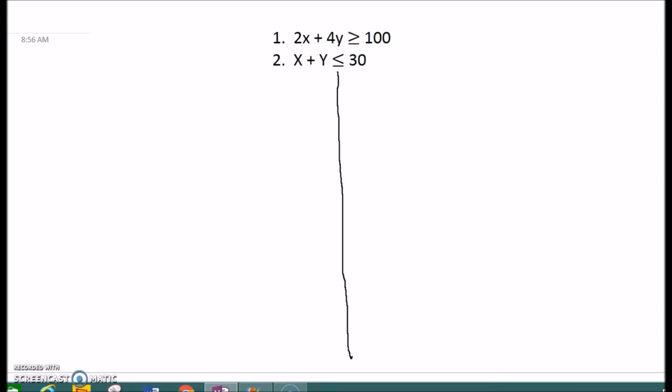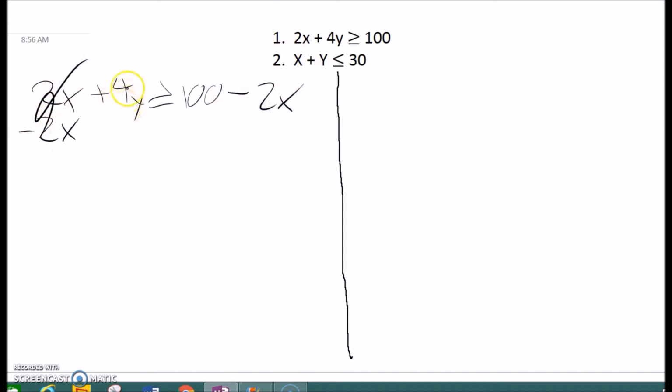Okay, so first we're going to start with the first equation, which is 2x plus 4y greater than or equal to 100. Then we would subtract 2x from both sides, so they get cancelled out. And then we would divide both sides by 4.